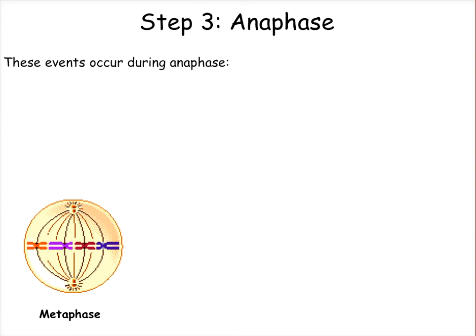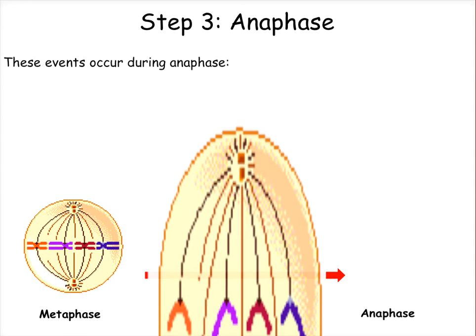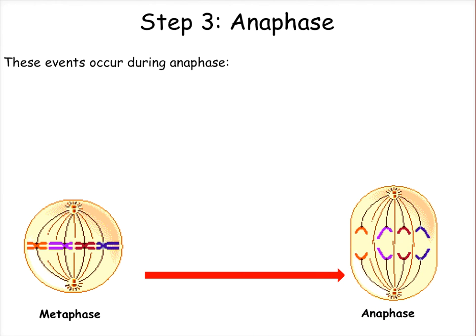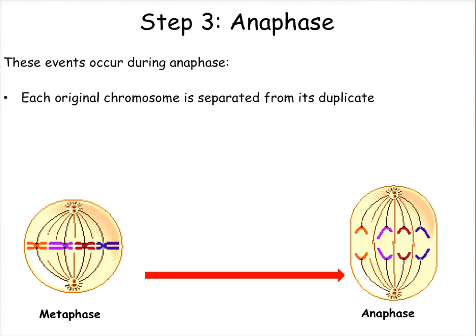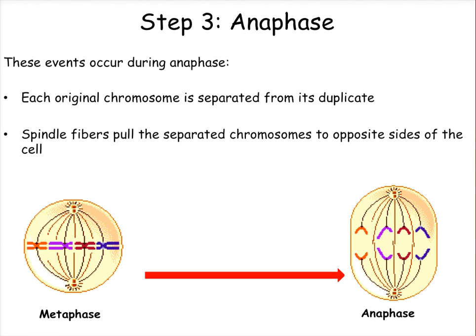Okay, so here's our metaphase cell transitioning into anaphase. By looking at these two cells, you can see that during anaphase, each original chromosome lined up in the center of the cell is separated from its duplicate. After they are separated, spindle fibers organized by the centrioles at each end of the cell will begin to pull the separated chromosomes to opposite sides of the cell.